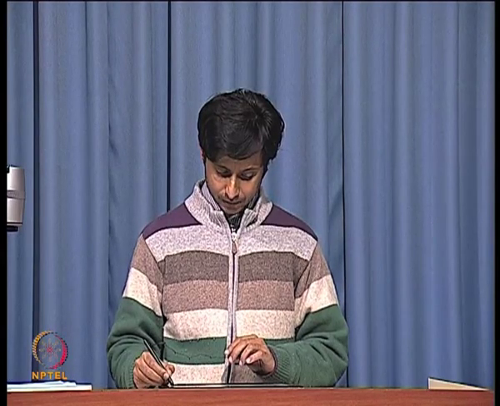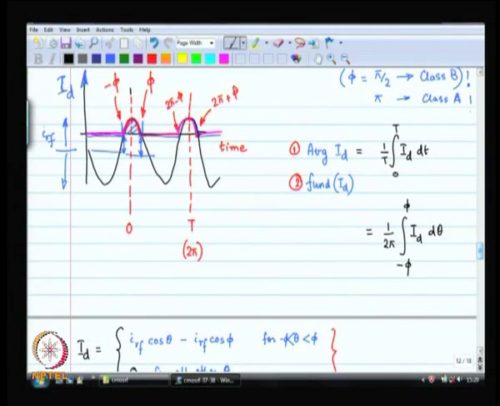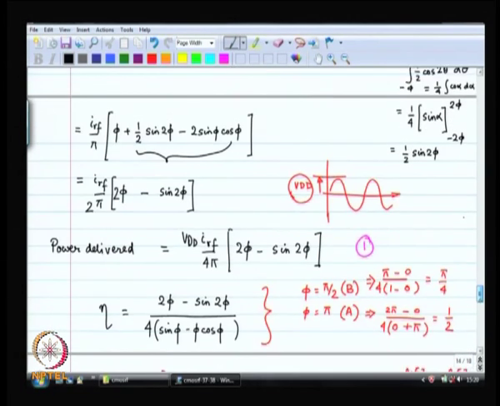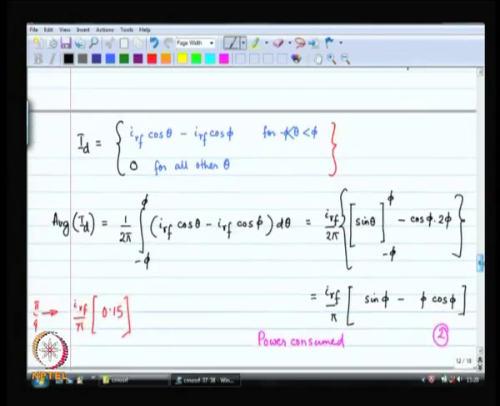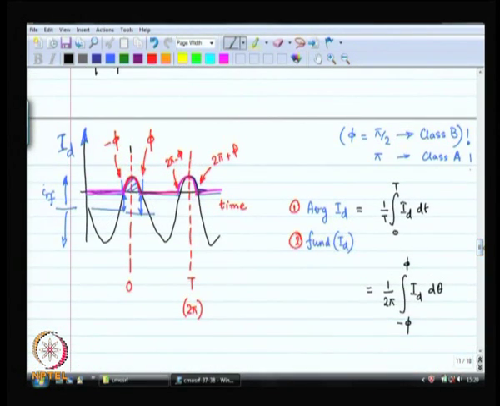Now, first of all, this was the profile of the current going through the drain. Then we figured out what is the average current going through the drain, what is the fundamental of the current going through the drain. Now, the RF choke allows the average current to go through, everything else is rejected, which kind of tells me what is the power consumption of the circuit.